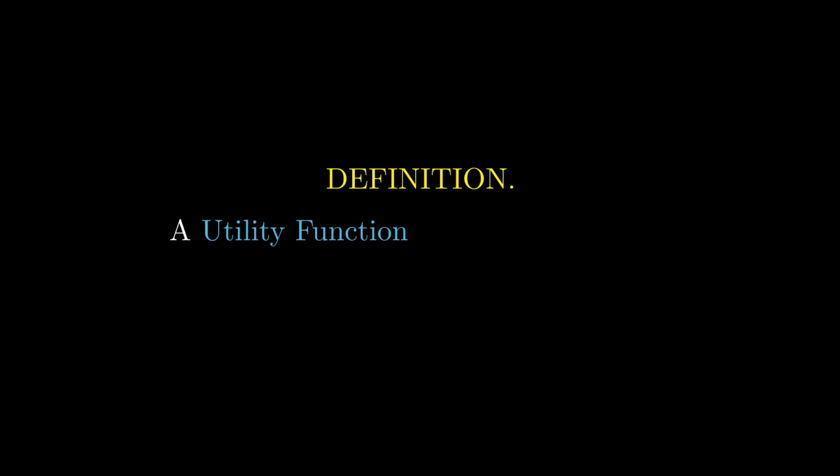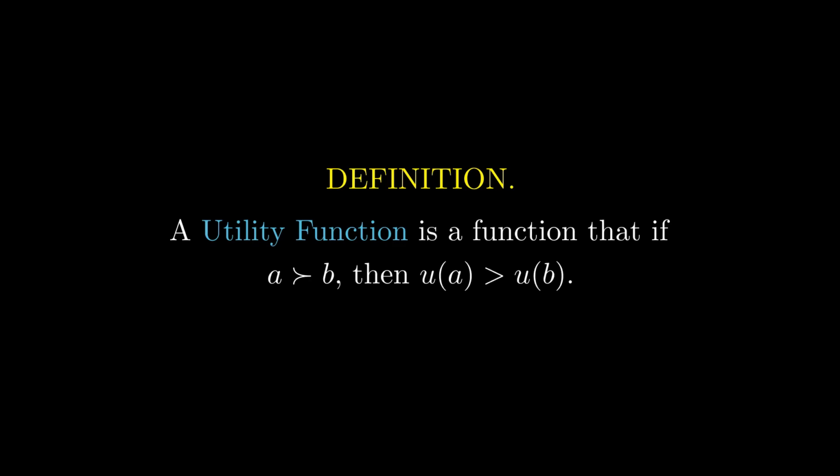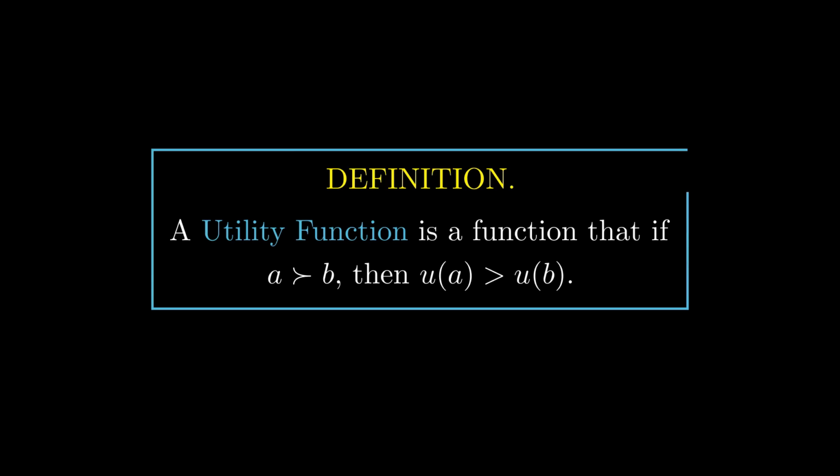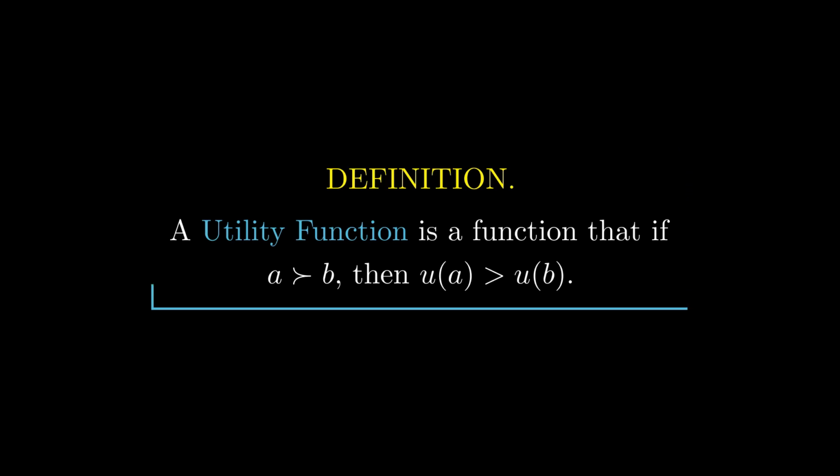Namely, if a consumer likes a bundle A more than B, the utility function assigns a higher utility number to A than B. We define a utility function as a function such that if A is preferred to B, then the utility of A is greater than the utility of B. The utility function summarizes the preference map, assigning a number to every possible bundle of goods, assigning higher numbers to bundles that the consumer likes more, capturing the consumer's preference ordering.